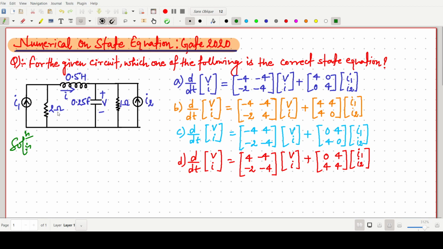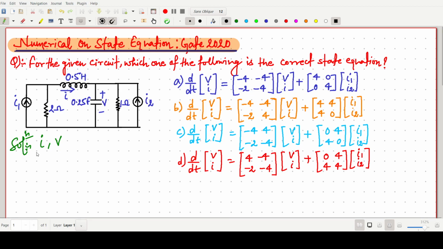The circuit consists of one inductor, one capacitor, two resistors and two current sources. So here the state variables are the current I and the voltage across the capacitor.